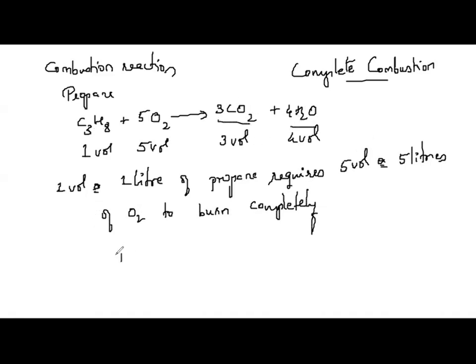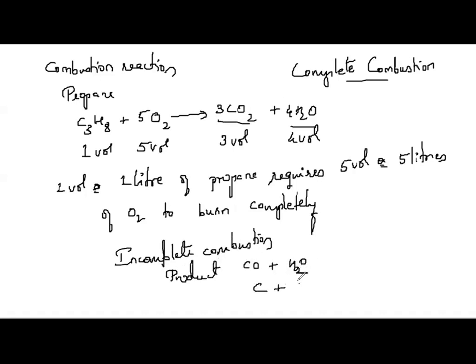If there is incomplete combustion, please do remember, then the products will be either CO and H2O, that is carbon monoxide and water, or C and H2O. This is called carbon black, which is used in your shoe paints and all.